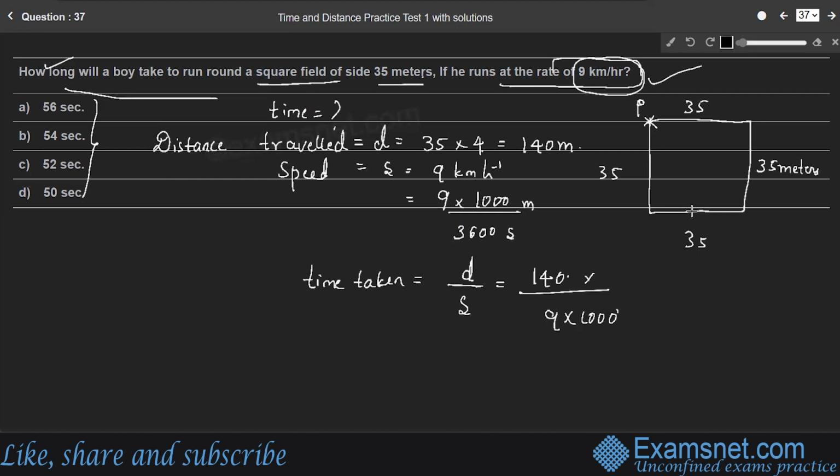The denominator of the denominator will go to the numerator. You can cancel 2 zeros, 9 into 4, 36, 10 into 14, 56 seconds. The time taken by that boy to cover one complete round of the square field is 56 seconds. Hence, option A is the right answer.